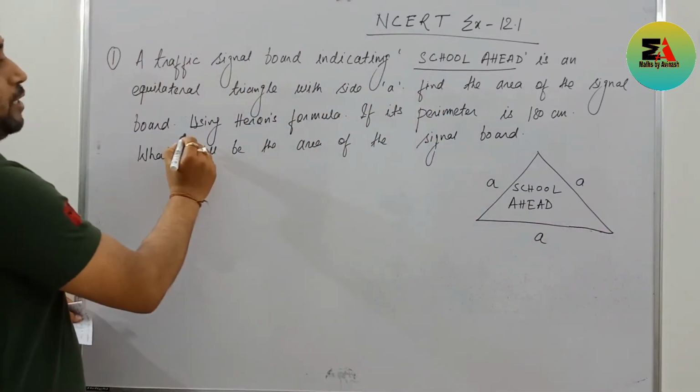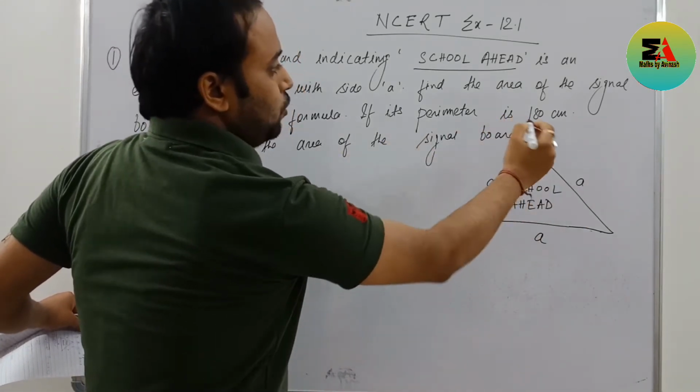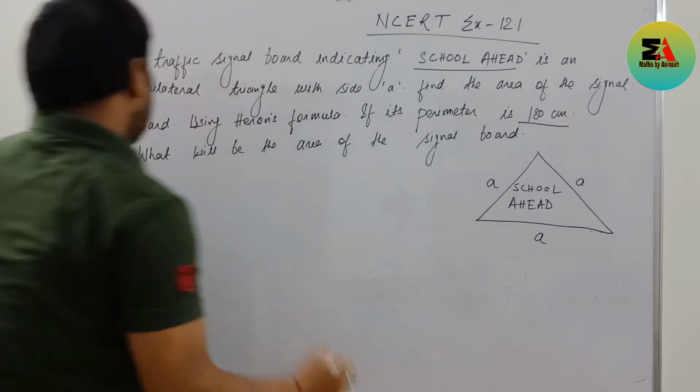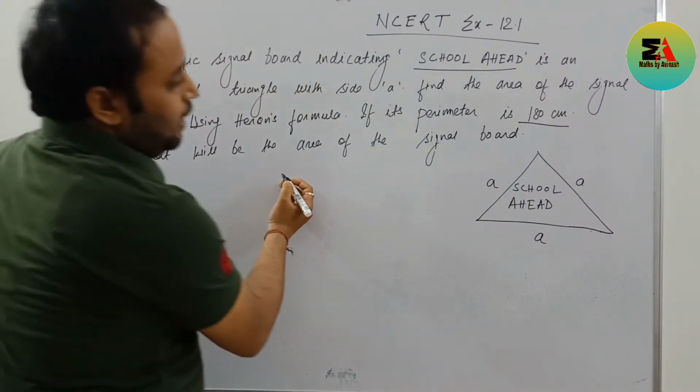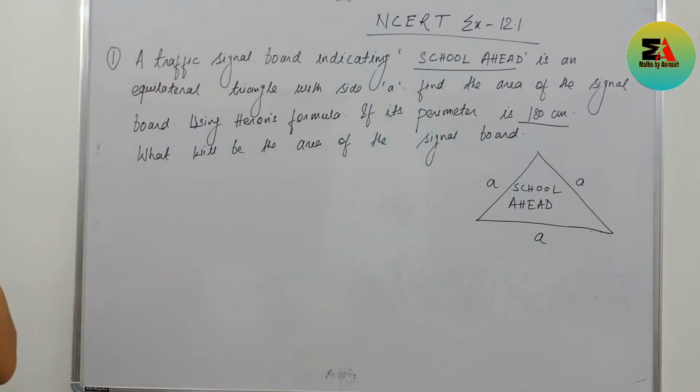Using Heron's formula, if its perimeter is given, the perimeter is already given in the question as 180 centimeter, then what will be the area of the signal board? So we have to calculate the area of the signal board. How do we solve this question?